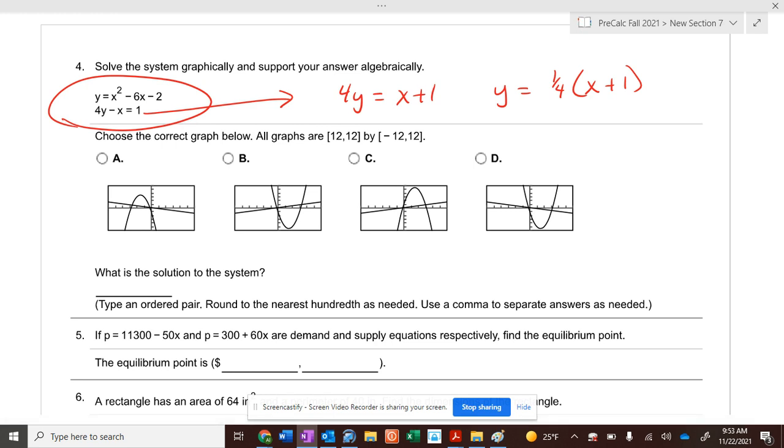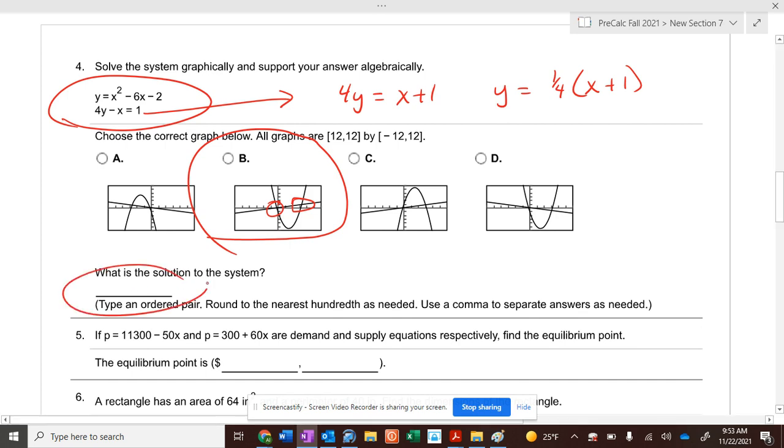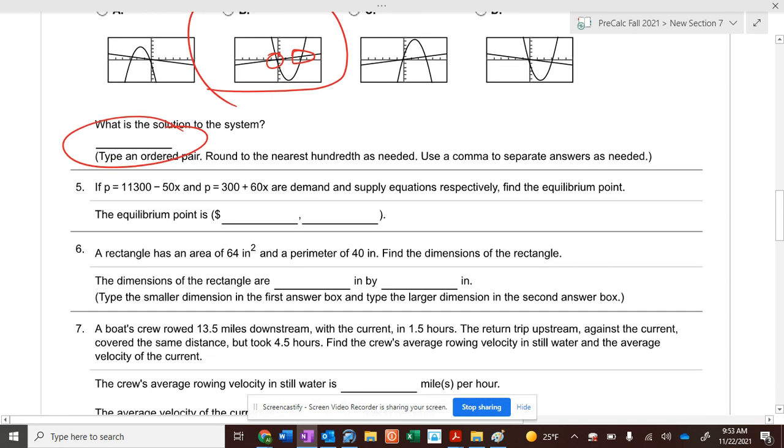You'll get one of these graphs, and it's probably this one right here, because there's this positive slope, and the other one opens up, so it has to be B. And then you'd use your graphing calculator to find the point where they intersect. So it's second trace intersect, and find those 2 points where they intersect. Type them in there.